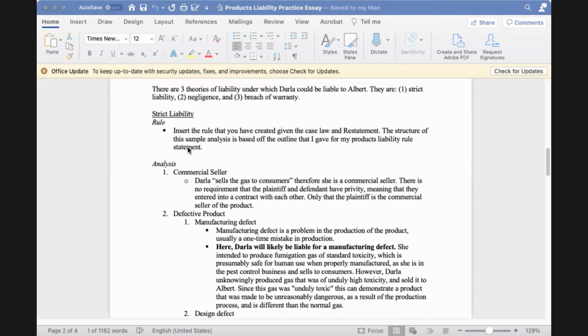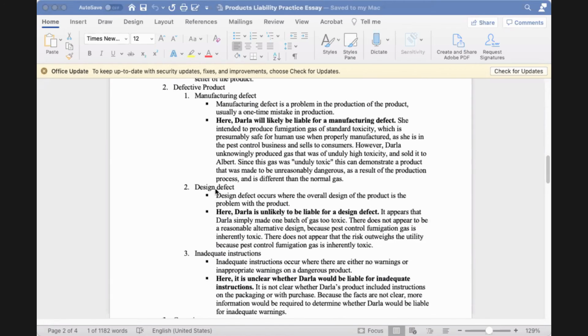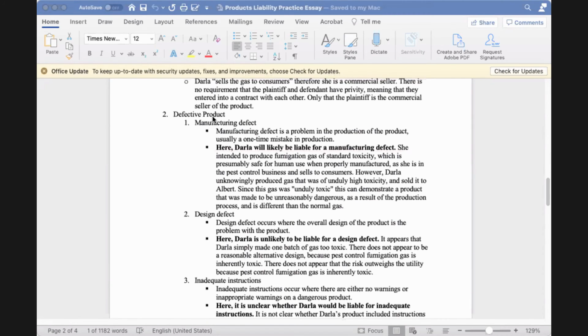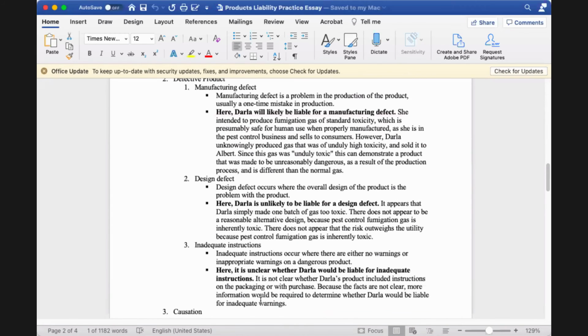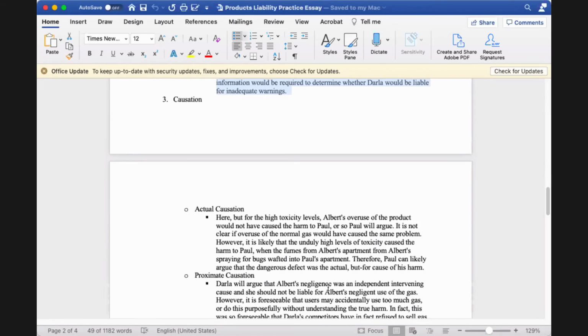You really want to give the general rule, and then your analysis of that rule, and give all the different ways: design defect, manufacturing defect, inadequate instructions. Again, here it's unclear whether there would have been inadequate instructions because we didn't get that fact, but it's something you want to briefly talk about if it's not super clear in the fact pattern, to show that you understand all of the aspects of the tort.